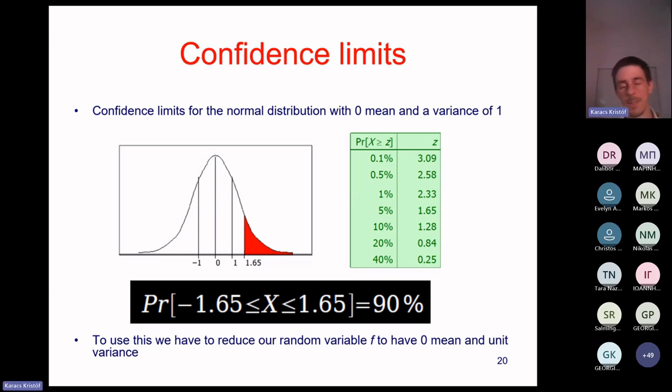So here you see normalized data, but of course you can fit the curve onto other data sets as well. But typically what we do is to normalize the data so that it has zero mean and unit variance.